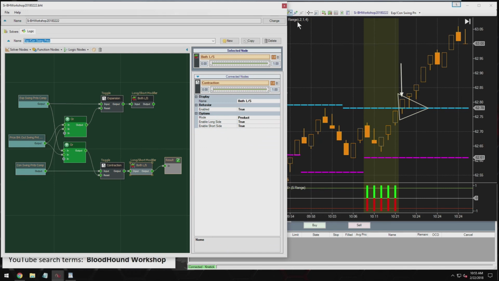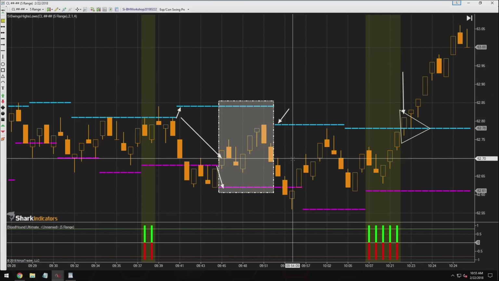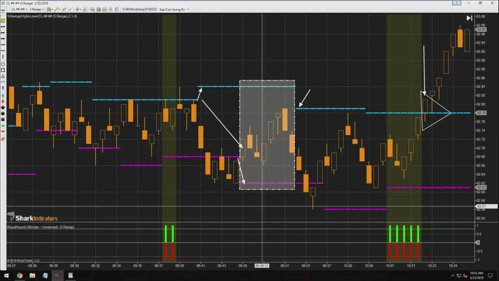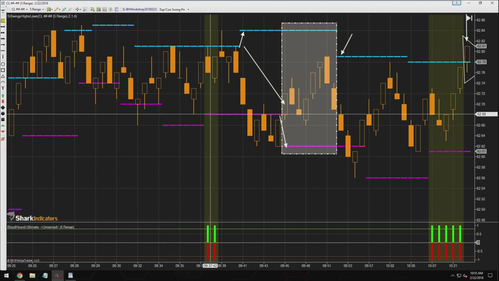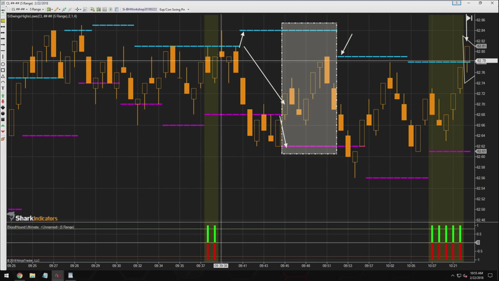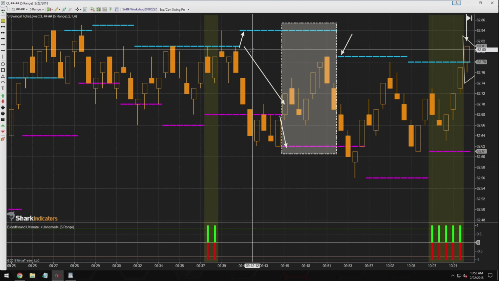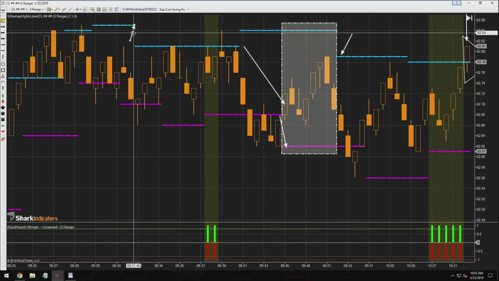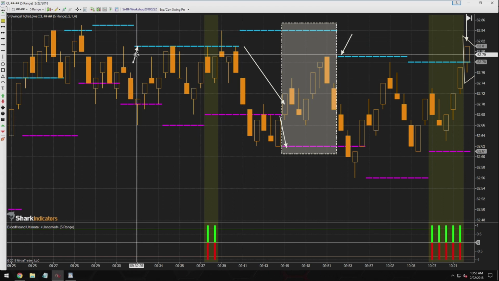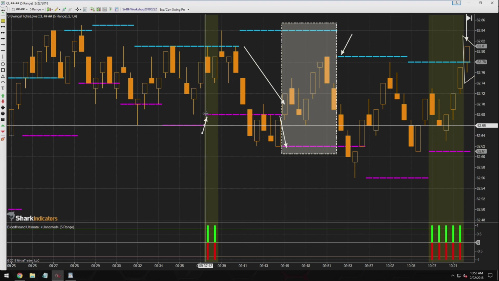So with that, let's take a look at the chart here. We just want to make sure everything looks correct. Let's take a look at this, right? So we had price, we had the swing high moving down, contracting, and then the swing low moved up, contracting.